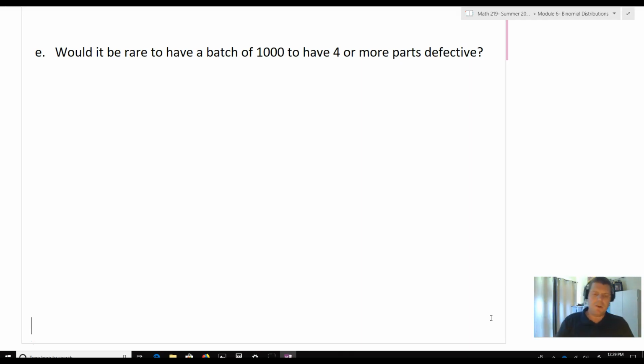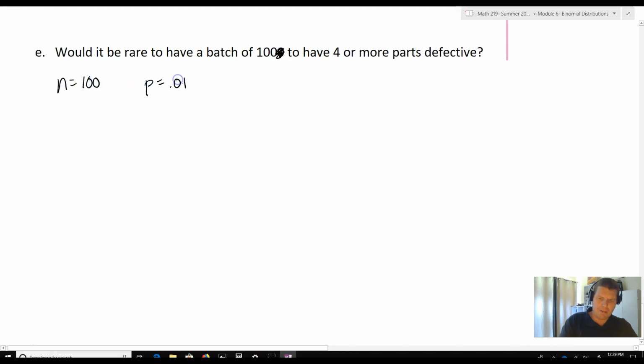All right. So if I look at this, and let's say a batch of 100. Okay, again 100. So n is equal to 100, and p is equal to 0.01. Now we actually have formulas for determining the mean and standard deviation of the distribution. So mu, our mean, is going to equal n times p, which is 100 times 0.01, which equals 1.